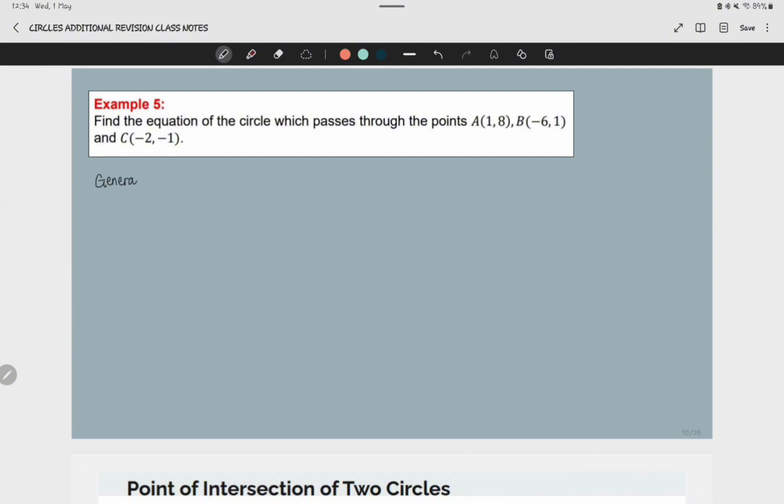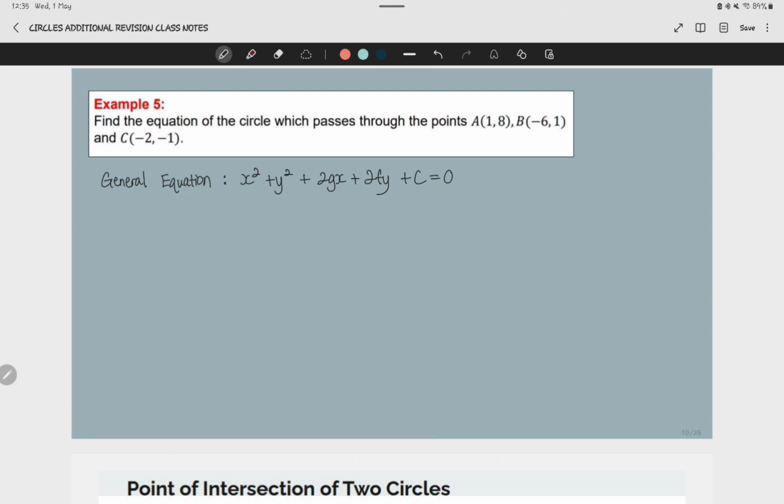Always when you start your exam, if you are scared you will forget, immediately write down the general equation: x squared plus y squared plus 2gx plus 2fy plus c equals 0.